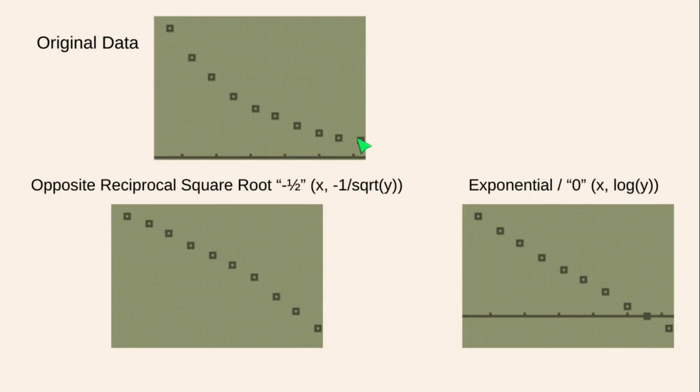So our original data looked kind of like this, which made me think of a couple possibilities. Our data kind of resembled a 1 over x sort of character. And I thought, okay, maybe opposite reciprocal square root, what we referred to as -1/2. It also kind of resembled an exponential decay, so maybe an exponential transformation, which in another context we referred to as 0, applying a logarithm to the y value.